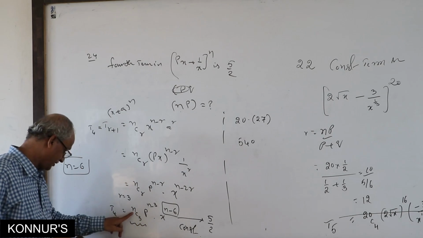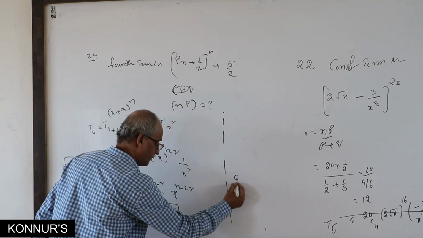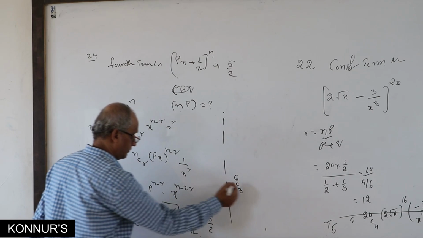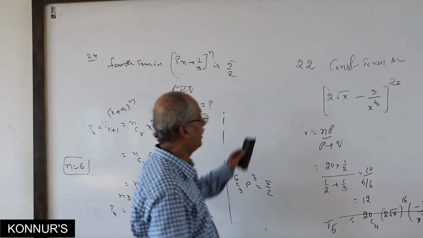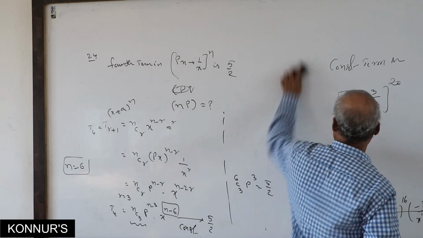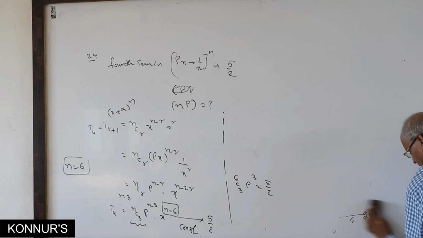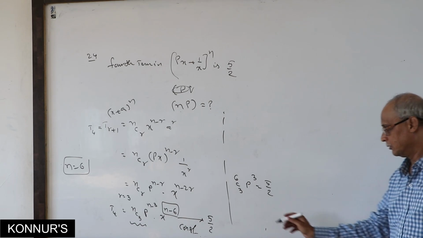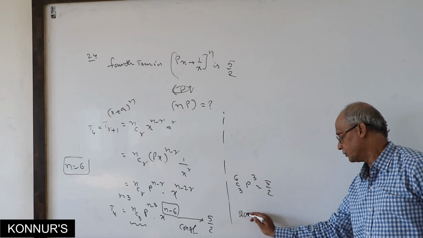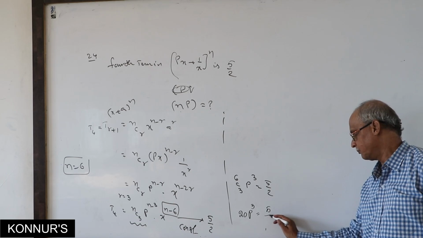Once you know n value 6, substitute here. So 6C3 p cube is 5 by 2, hence that gives p value. And what is the 6C3 value? 6 by 4, 1, 2, 3, 20. 20 p cube is 5 by 2.